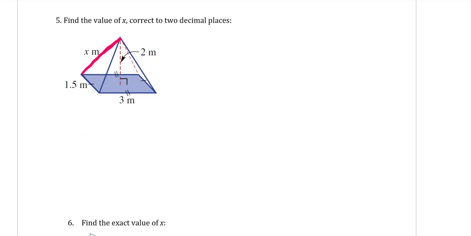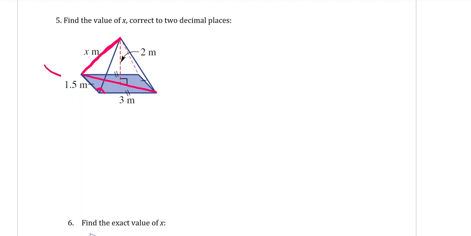To find x, I'm going to need to construct a line that goes through the base of my pyramid like that. If I can find that side using the 1.5 and the 3, which I can. So this is a 3-dimensional diagram, but this would have to be a rectangle on the bottom, which means that this is a right angle.